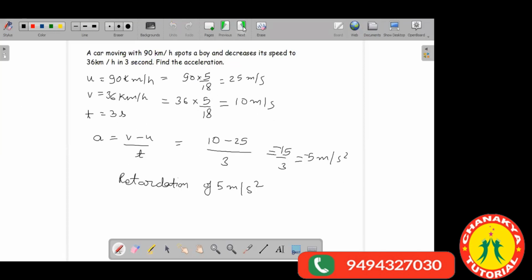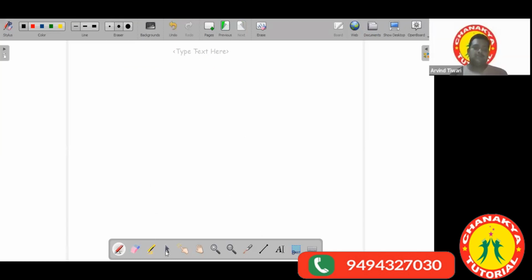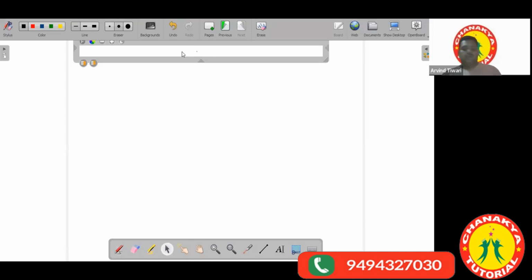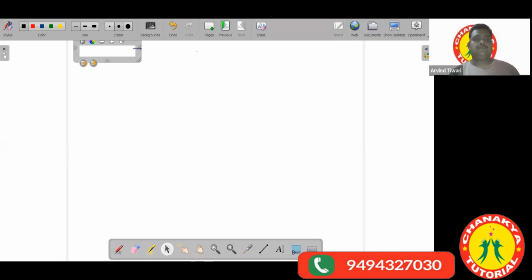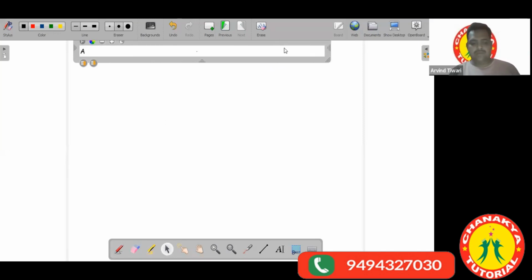Okay, let's see another question here. A stone is thrown vertically upward with a velocity of 19.6 meter per second.